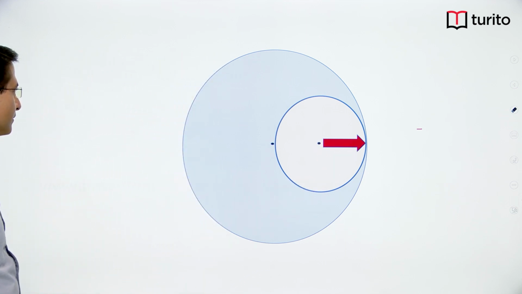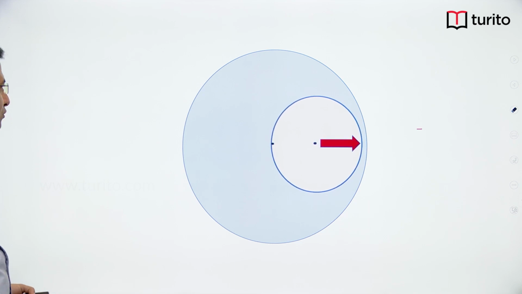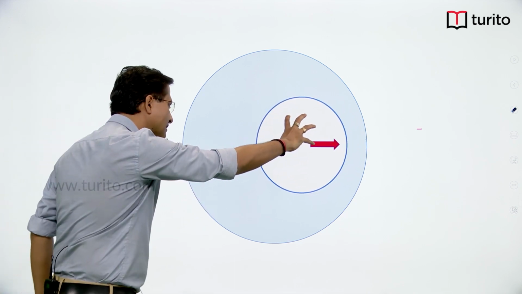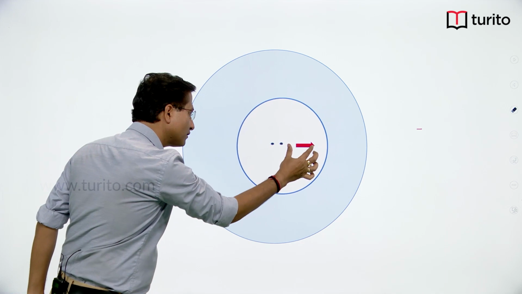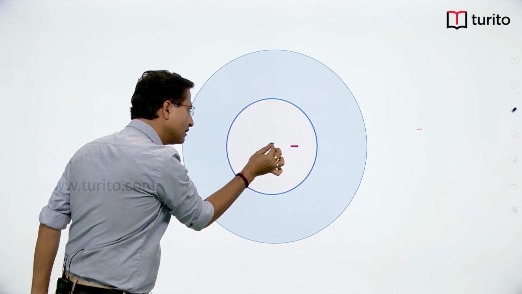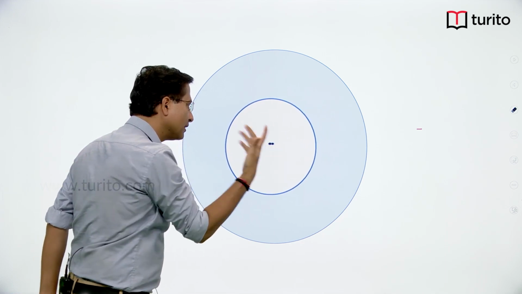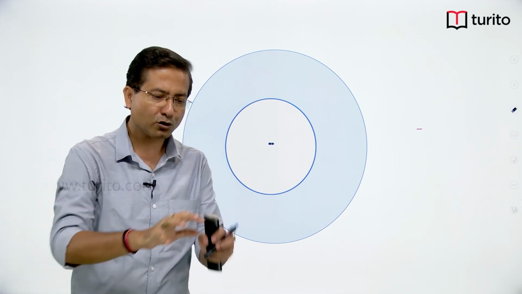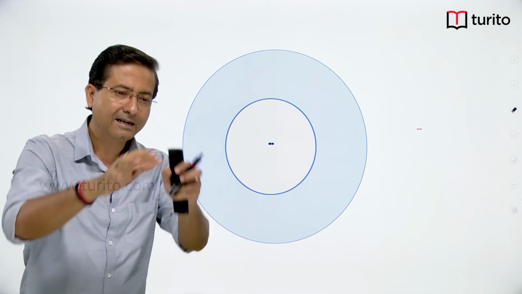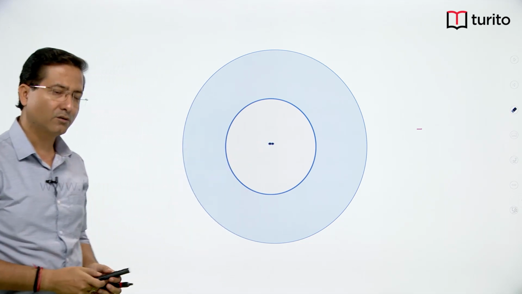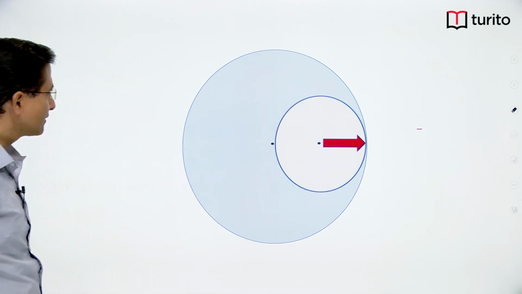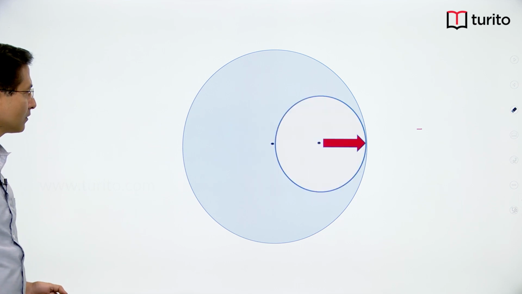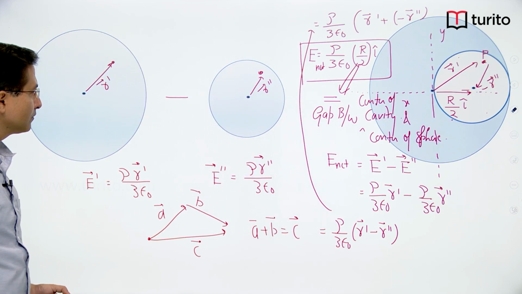Now see, you can see as the cavity is coming in, the magnitude of the field is reducing and finally when they overlap it will become 0. So when the cavity center is exactly the same as the center of the sphere, this value will become 0. Let us see once again.